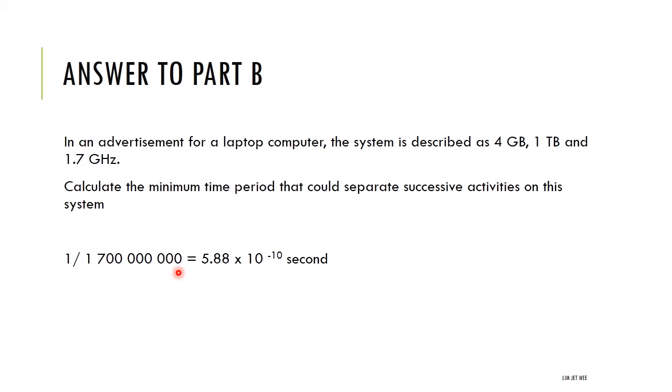If you punch this into your calculator, if you're using a scientific calculator, you will get 5.88, or some students may round it up to 5.9, times 10 to the power of minus 10. So it's actually very, very, very small, in seconds. This is derived from here, from the processor speed.